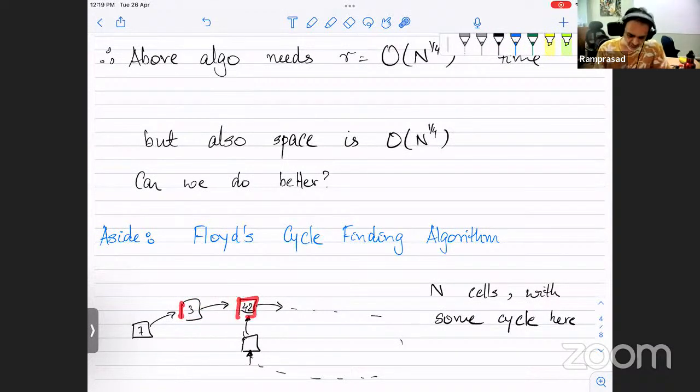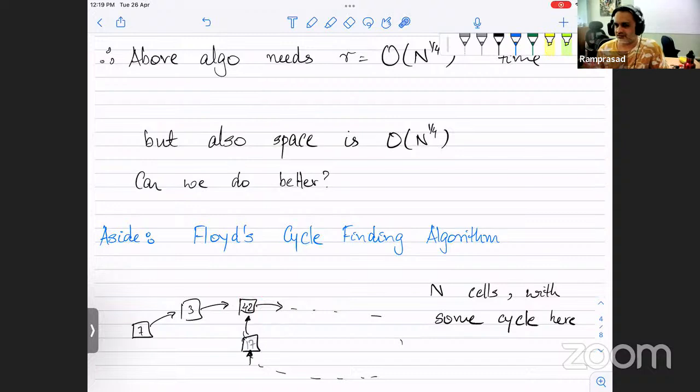If you ask me the next of 3, I will tell you 42. What's the next of 42? Whatever it is here. But maybe this number is 17, and it so happens that the next of 17 and the next of 3 are both equal to 40, in the sense that there is a cycle present. And the goal is to find this cycle. More precisely, I want to know, where does the cycle start?